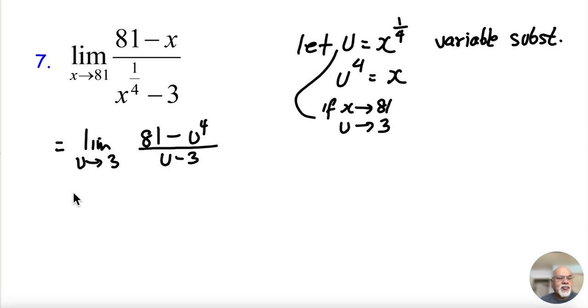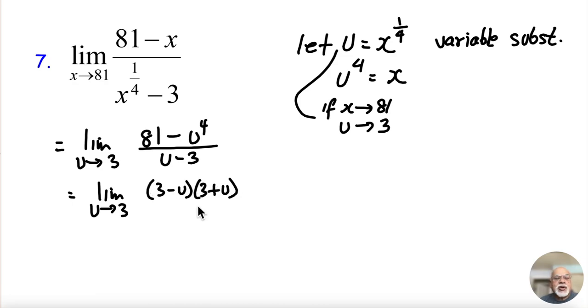And this becomes the limit as u goes to 3. And the top being a difference of fourths, because 81 is 3 to the 4th. Just like a difference of squares factors, so does a difference of fourths. So it factors into 3 minus u and 3 plus u.